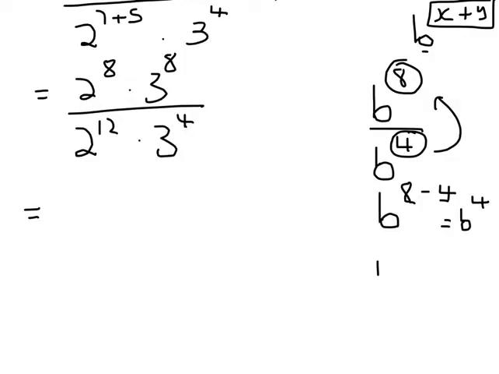But in a situation where you have base to the exponent of 4 over base to the exponent of 8, remember that base, it doesn't matter what letter it is, it doesn't matter what number it is, as long as they are the same. So in this case, it means this 4 has to go to the denominator part.